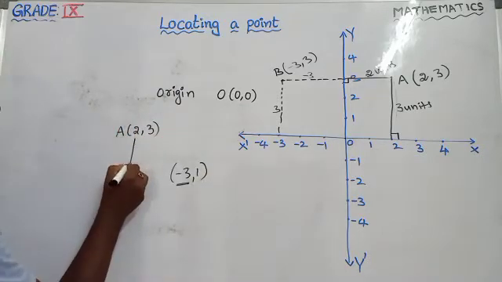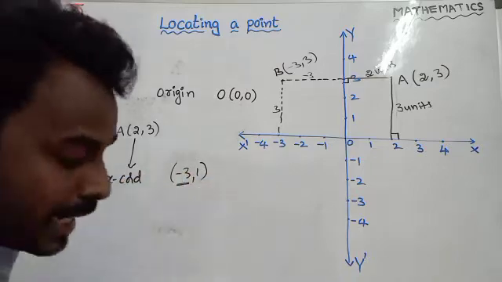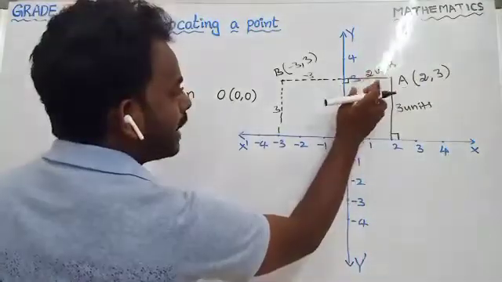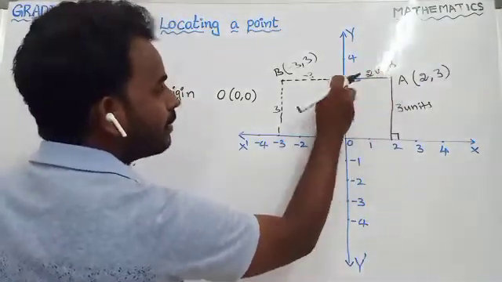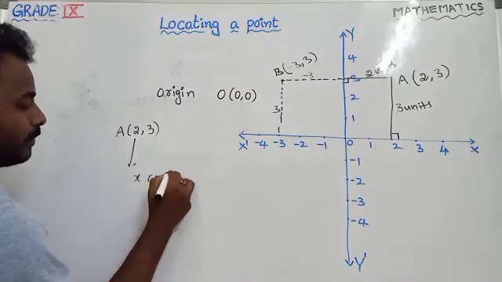We call this 2 the x coordinate. As already discussed, this 2 units is the perpendicular distance of this point from the y-axis. So 2 is called the x coordinate.